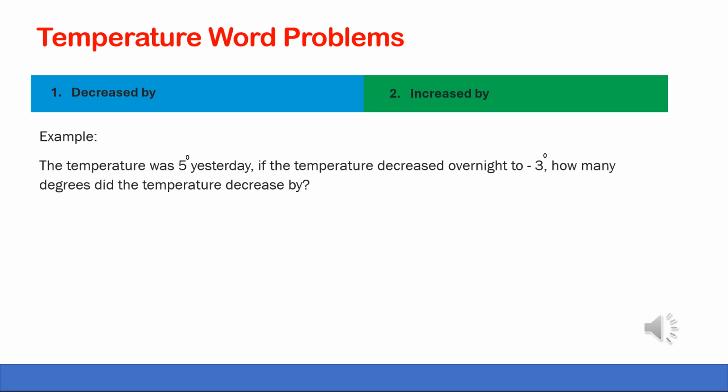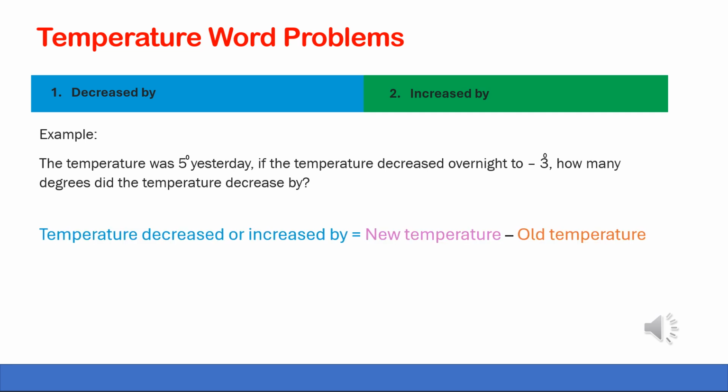Let's answer the following example. If the temperature was 5 degrees yesterday, and the temperature decreased overnight to -3 degrees, how many degrees did the temperature decrease by? Pause the video and have a go. So applying the previous rule, to work out the temperature difference, we need to look for the new temperature minus old temperature.